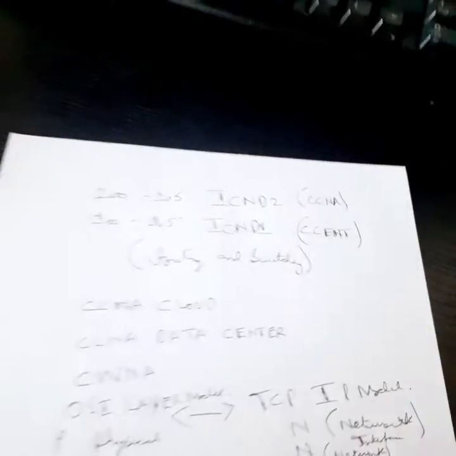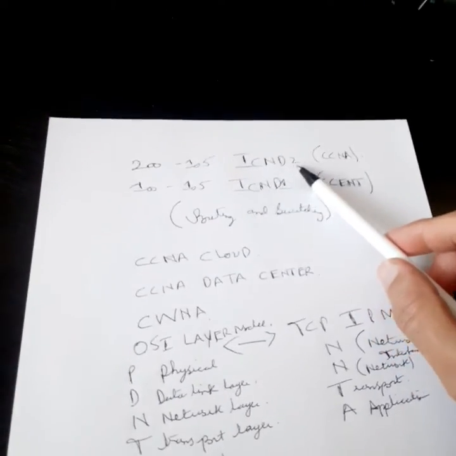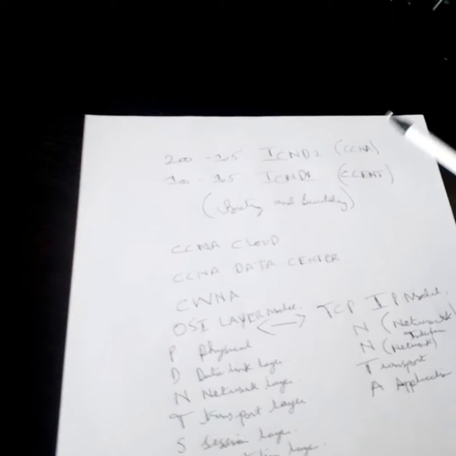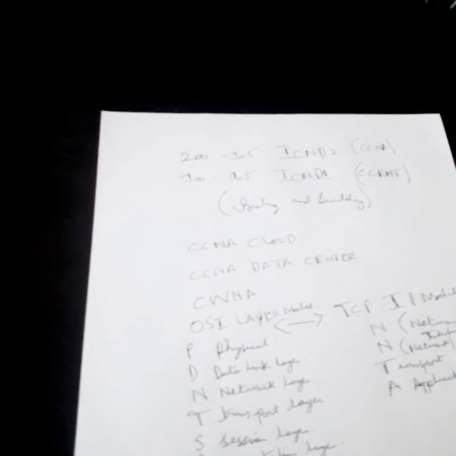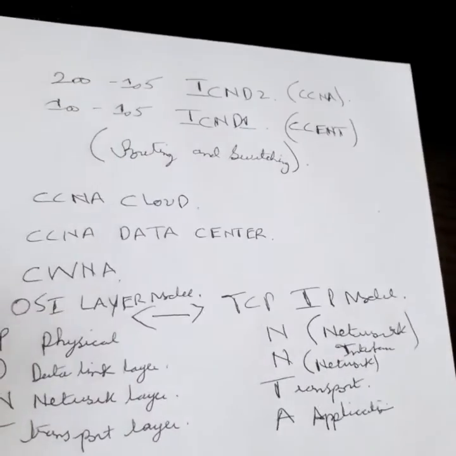Do not buy them, because these CCNA versions are expired. As we know, ICND1, CCENT, Cisco Entry-Level Technician, and then CCNA Network Associate. Not a lot of people know that they have already expired.